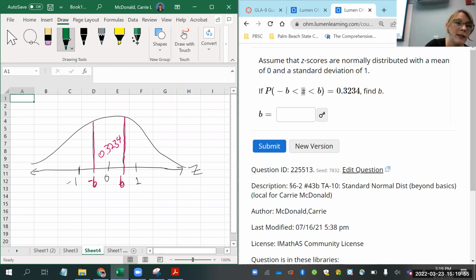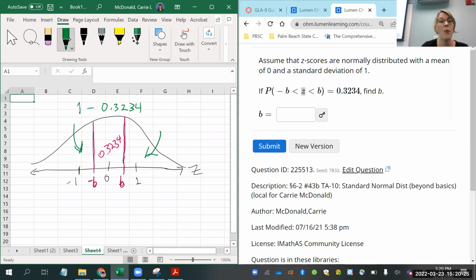So let me write it like this. All together, these two tail areas, the left tail and the right tail, will be a total of 1 minus 0.3234.